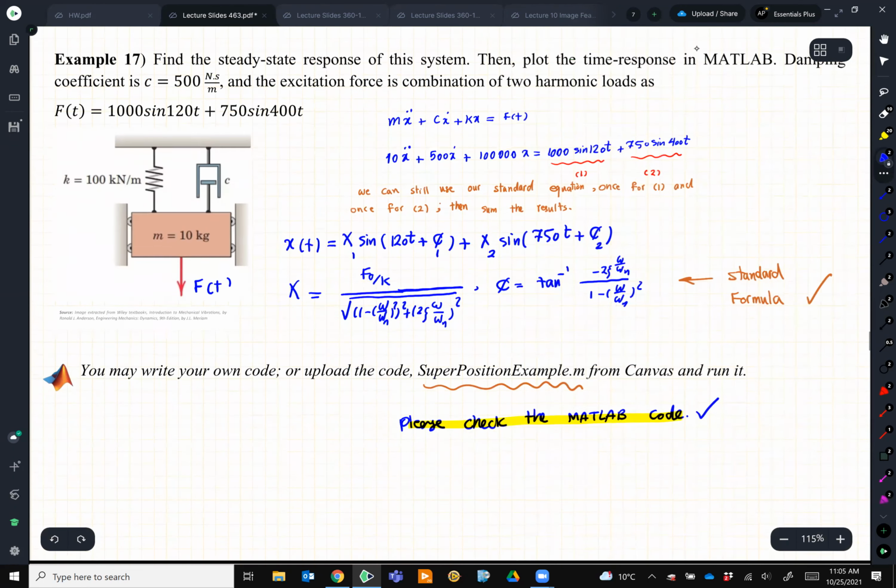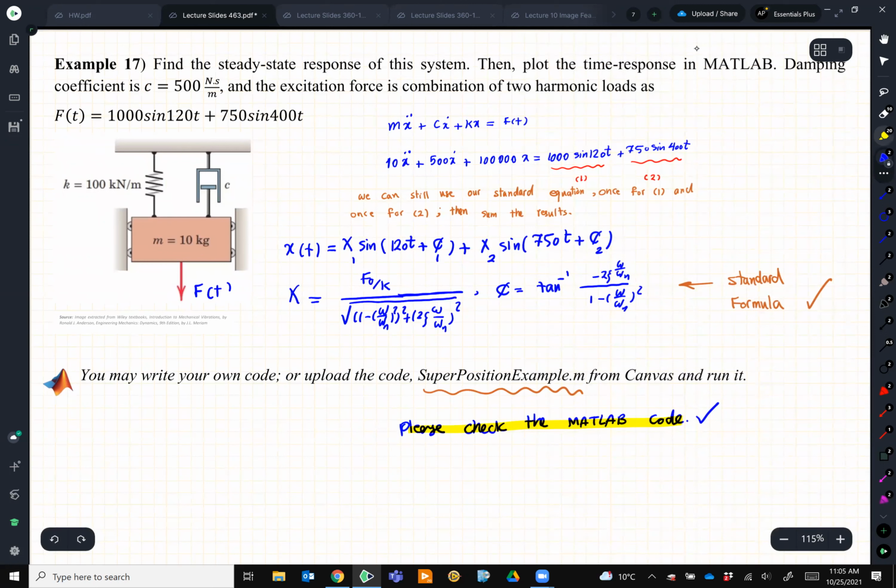Something different about example 17 is that instead of one excitation force, now we have two excitation forces. Each of them has a different magnitude, like 1000 Newton and 750, but more importantly, they have two different excitation frequencies. How should we solve it?